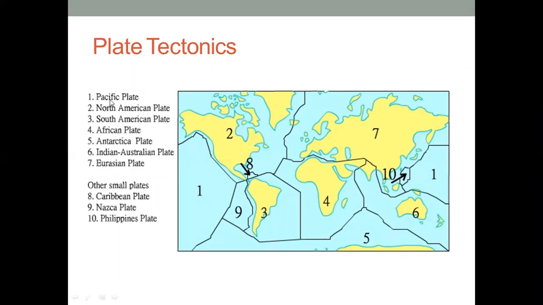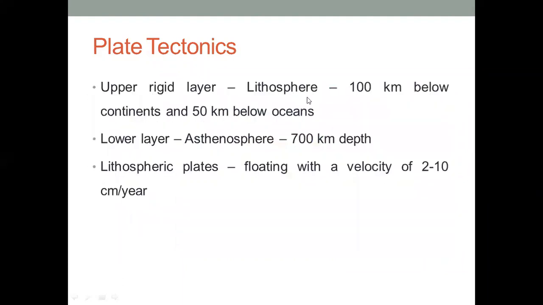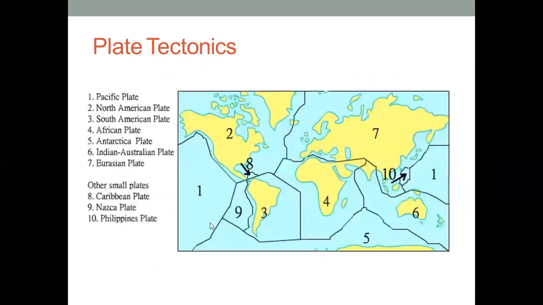That is the Pacific plate, North American plate, the South American plate, then African plate, then Antarctica plate, then Indo-Australian plate, and Eurasian plate, and other small plates are also present. All these plates are moving with a velocity of 2 to 10 centimeter per year. These plates are floating on that viscous fluid material which is present inside the mantle.